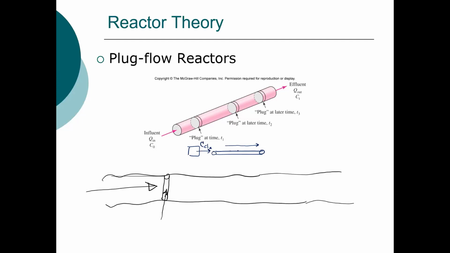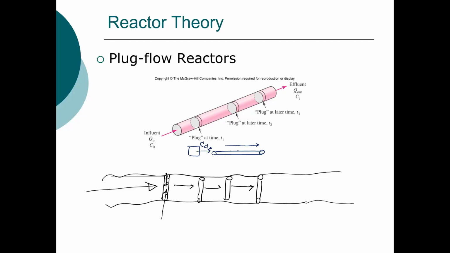As long as this is well mixed, this parcel is going to move down the stream. Now, in reality, we would have dispersion, but assuming no dispersion, this parcel is just moving down. So while we have complete mixing within this parcel, the flow in that parcel is actually moving downstream in a plug flow manner.